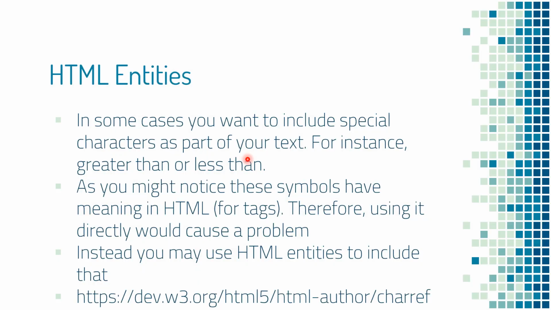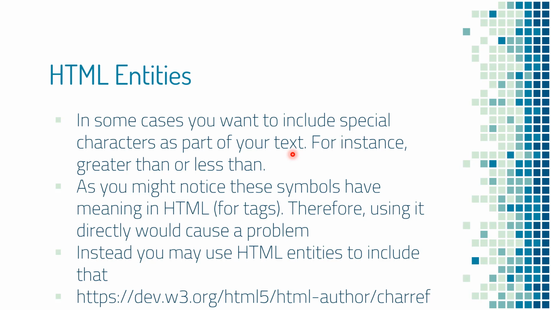So the last thing about text here is HTML entities. I just want to include all this stuff, then we will see an example here. But for now, I need you to understand what HTML entities mean. In some cases, you want to include special characters as part of your text, or you want to show some special characters, such as, let's say, less than or greater than.